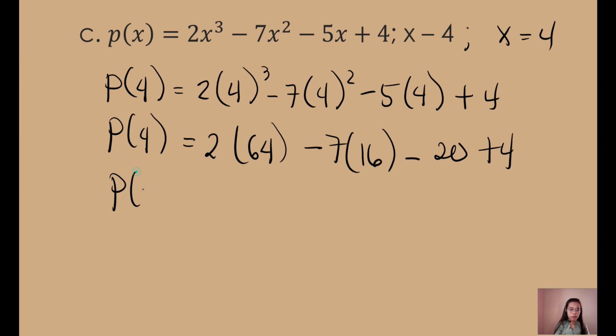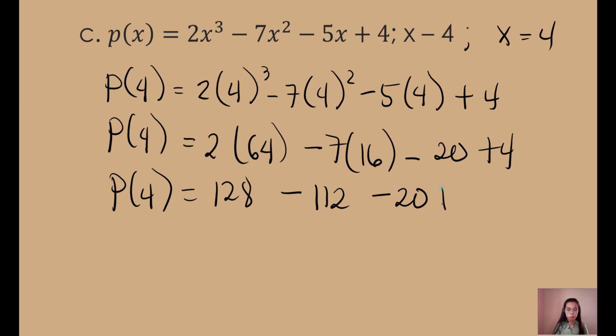So we have P of 4 is equal to 2 times 64 is 128 minus 7 times 16 is 112 minus 20 plus 4. And then we have P of 4 is equal to 128 minus 112 minus 20 plus 4 is equal to 0.